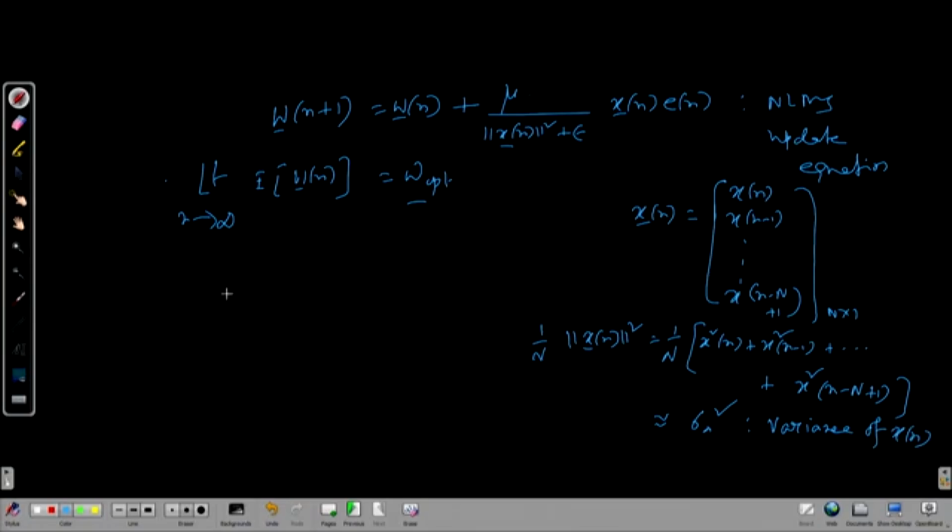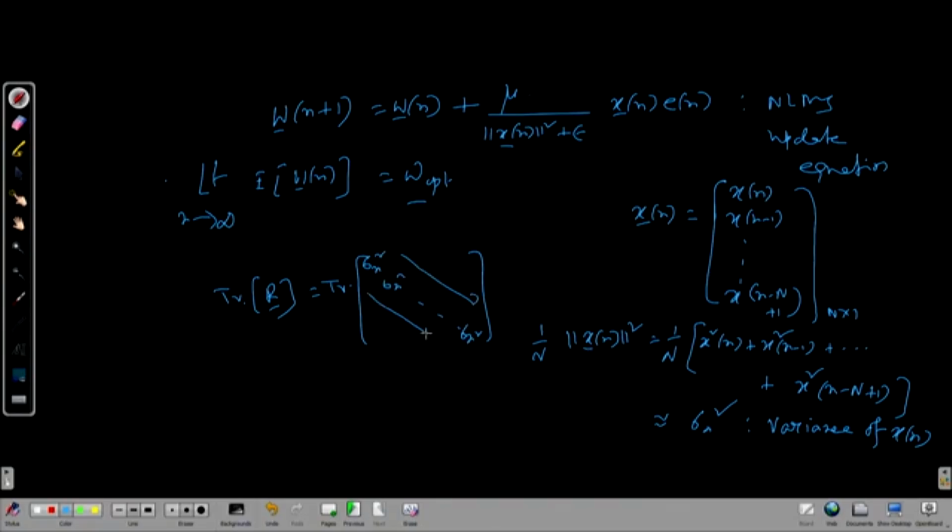Now, what is trace R? R is a Toeplitz matrix. Whatever element you have on one diagonal will continue, and that is the variance here, R x x 0, correlation with gap 0, which is the variance, and the same will continue.